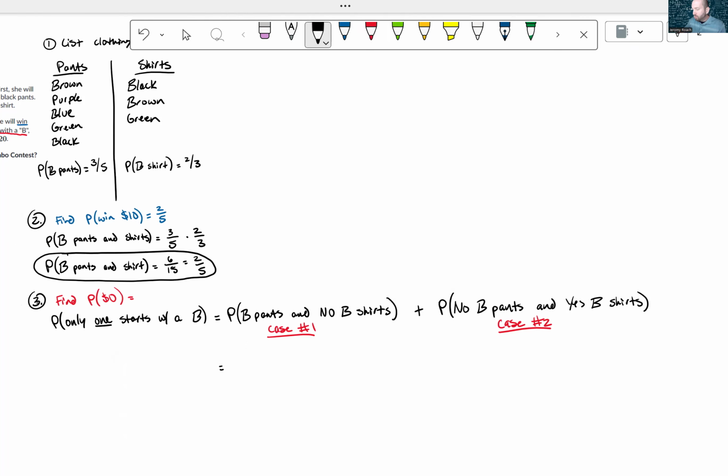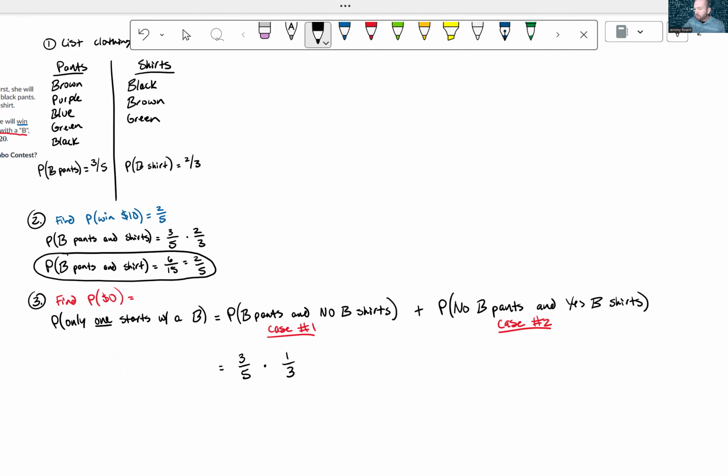So for case number one, this is the probability of yes, pants that start with a B, and no shirt that starts with a B. The probability that she has pants that start with a B is 3/5, and shirts that don't start with a B is 1/3.